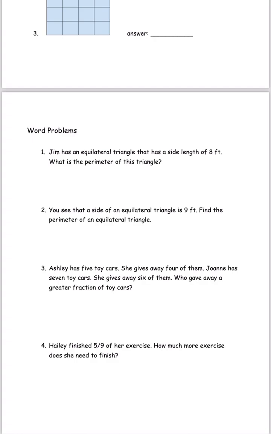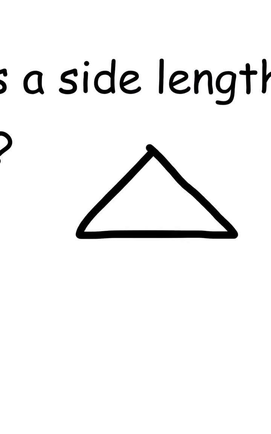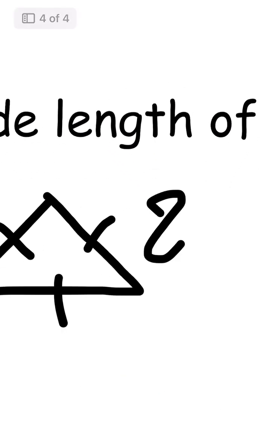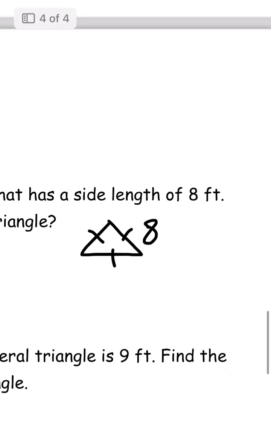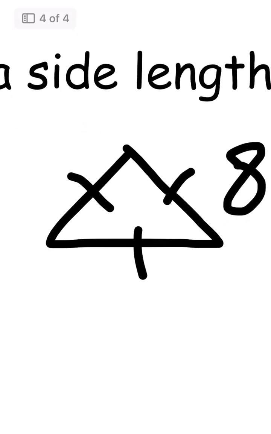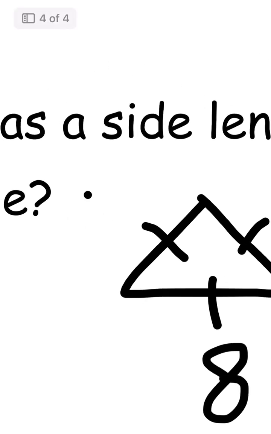So there's the equilateral triangle. It has all the same sides, right? And then one side, it says it's 8. Which means, since all the sides have to have the same length, all of them are going to be 8.